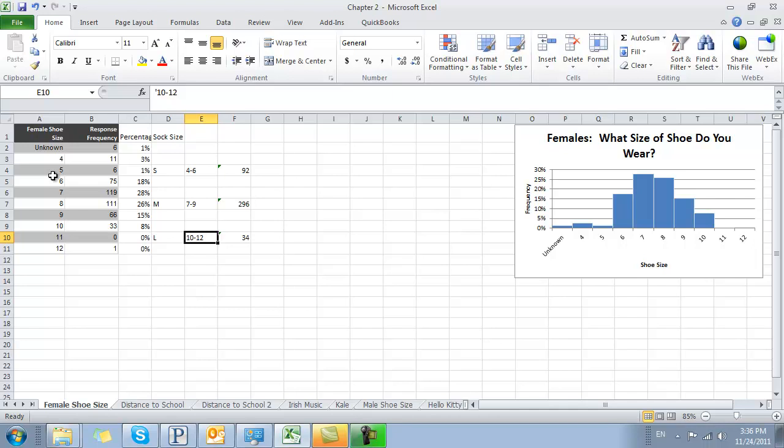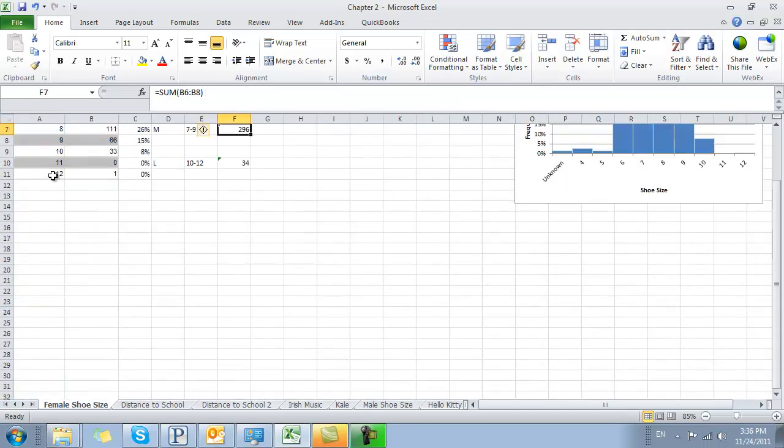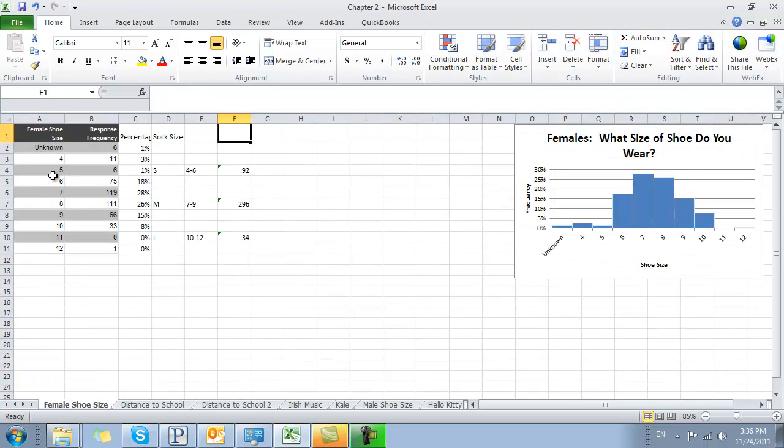And here's our intervals. And here's our frequency of responding. I'm just going to type in the word frequency. There we go. Now, notice I did not include the unknowns when summarizing the data in small, medium, and large. Why?